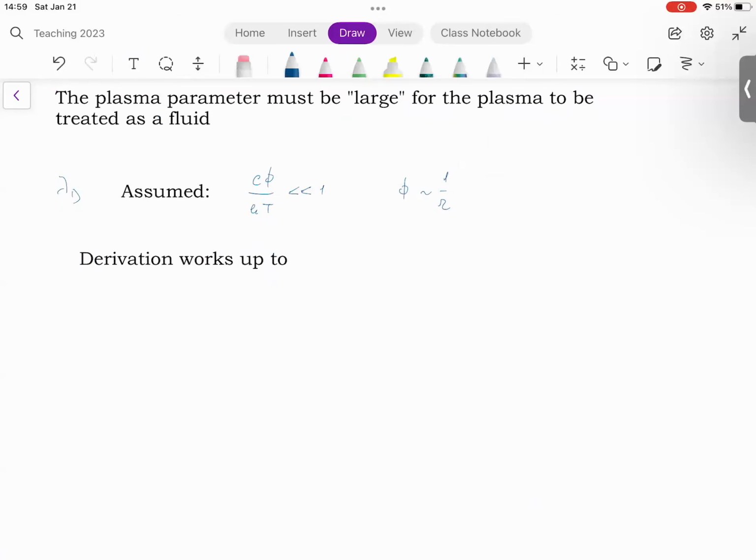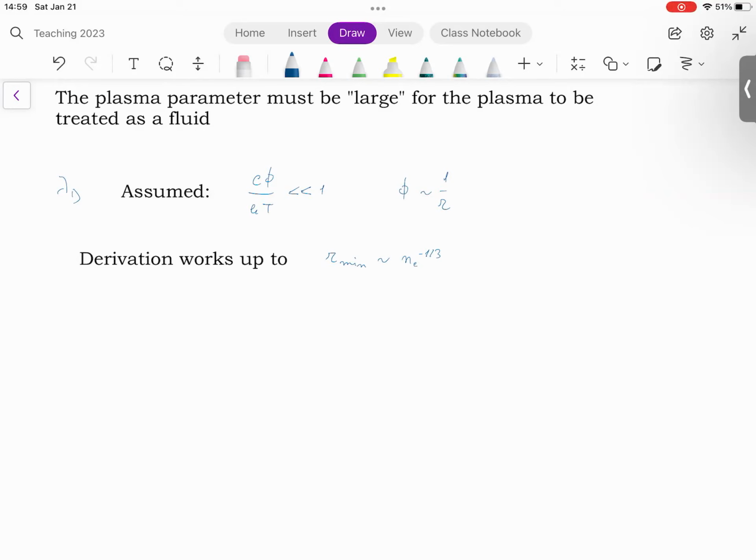Up to some minimum radius. I didn't emphasize that in the derivation of the Debye shielding, but that minimum radius is proportional to the plasma density to the -1/3.